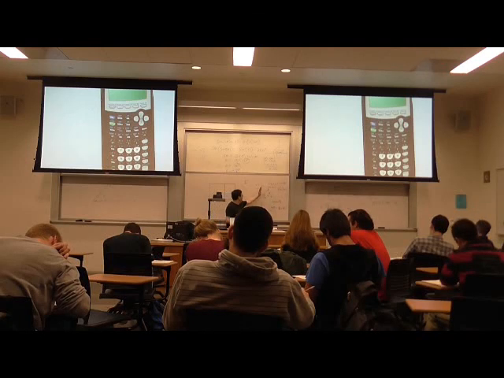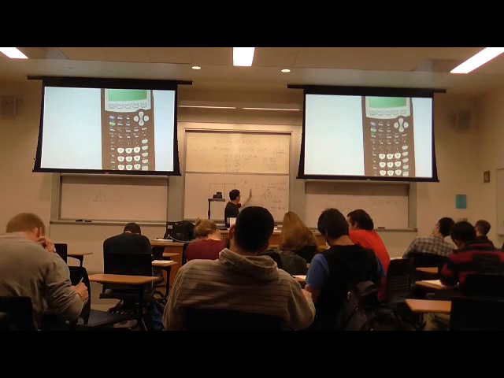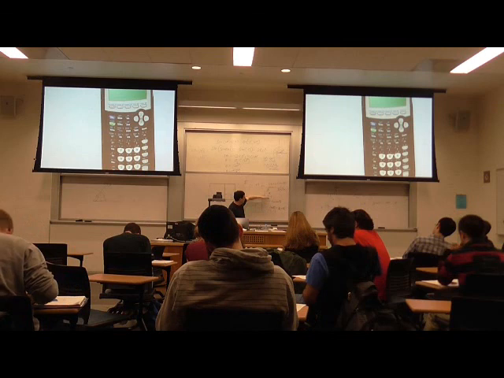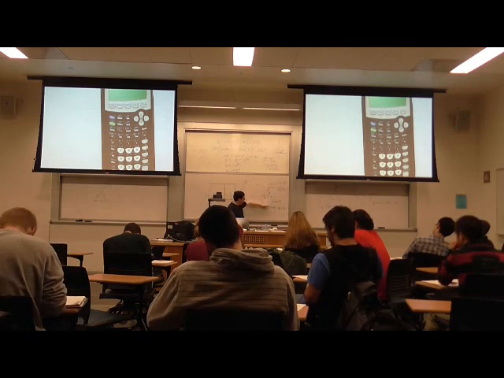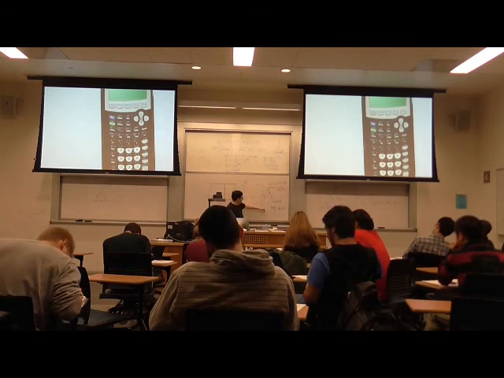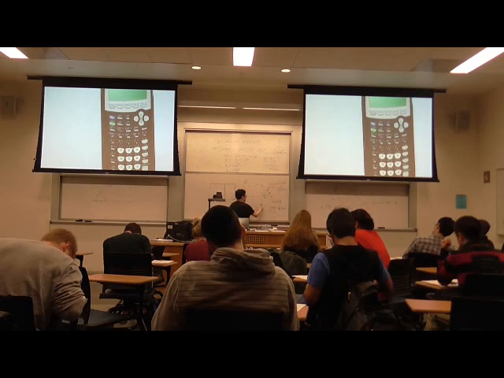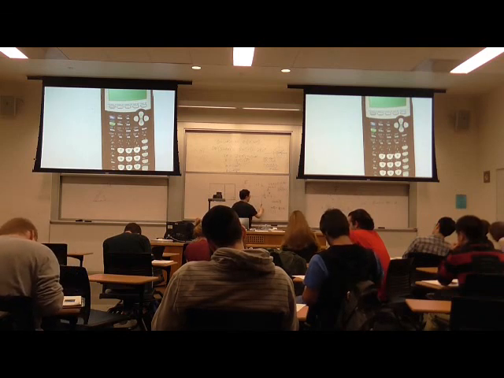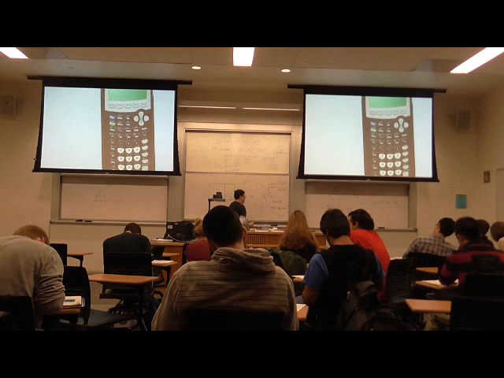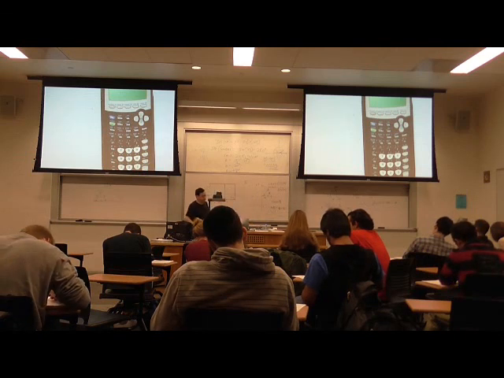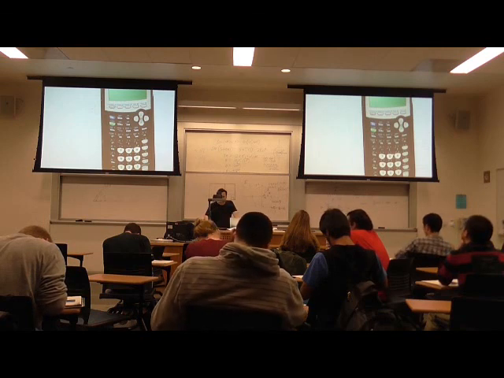So you can see the cosine is always minus over here. And the sine is always minus down here. So if we ask for the sine of this value, it's going to be minus 1. Okay?